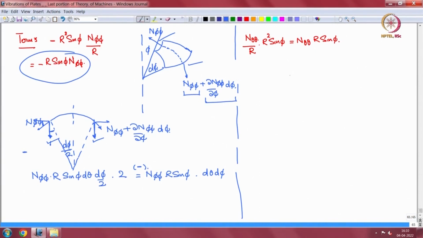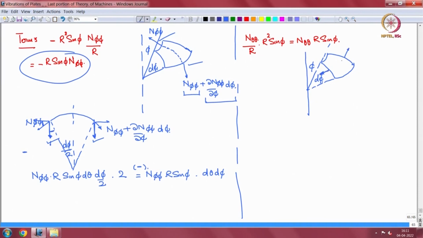So if I look at this, my axis of revolution, the element phi d phi, okay, and N theta theta. So I have N theta theta coming here, N theta theta coming there.